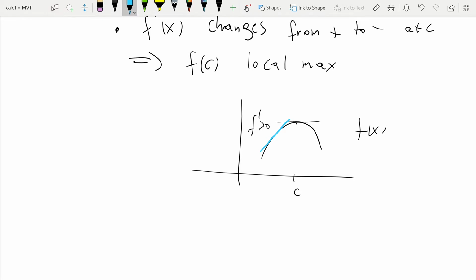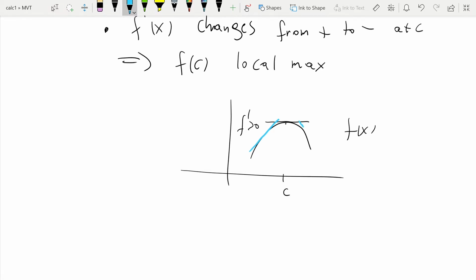And on the other side we have negative slopes. In this example they smoothly transition from one to the other, and that's why the slopes become less and less positive until they become 0, and then start slowly becoming negative and more negative as you move away from c.